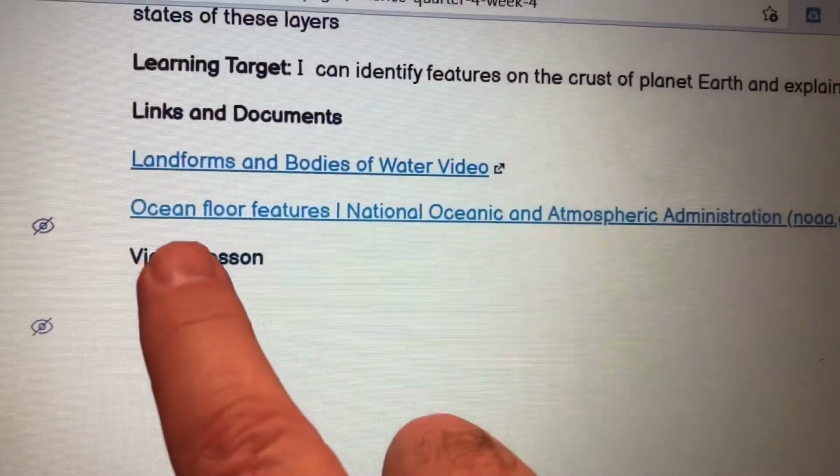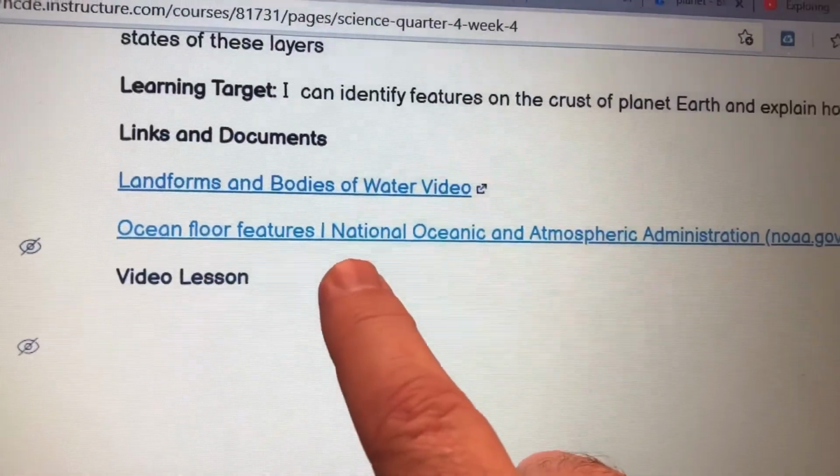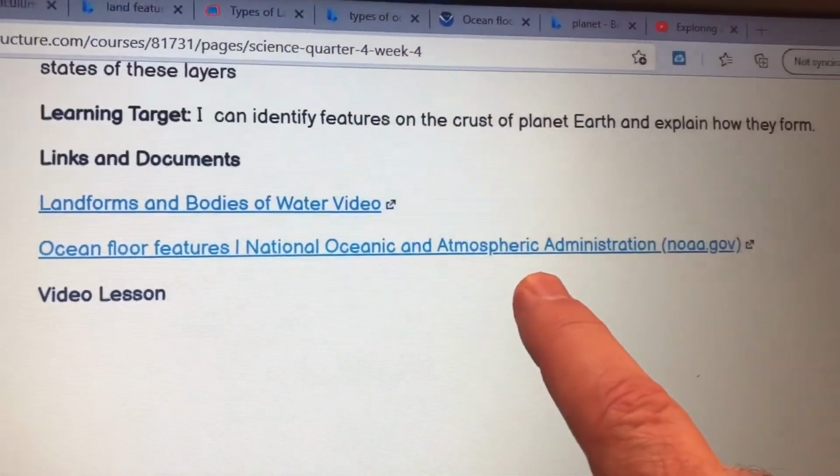Okay, but remember that our learning target also has ocean features, okay? So we want to look under the ocean and see what are some things that we find there. To do that, we are going to read an article. Let me show you the link to the article, okay? It is Ocean Floor Features, National Oceanic and Atmospheric Administration.